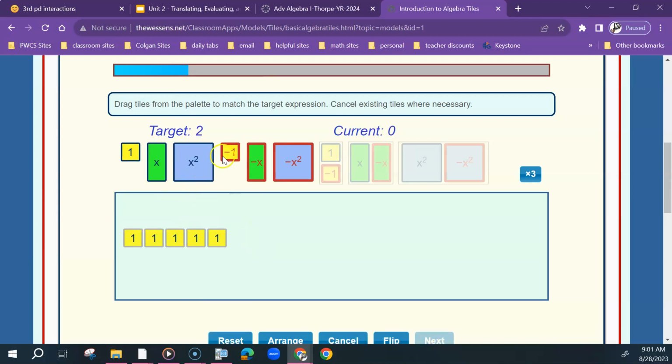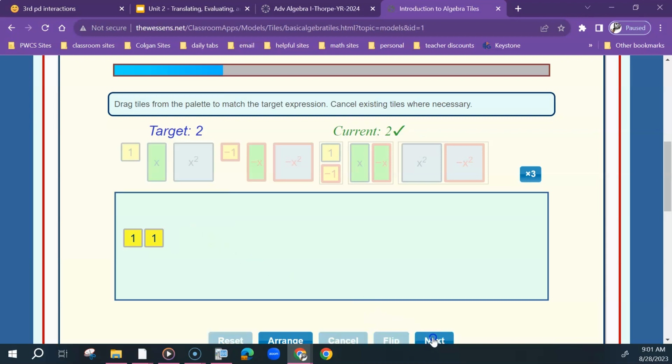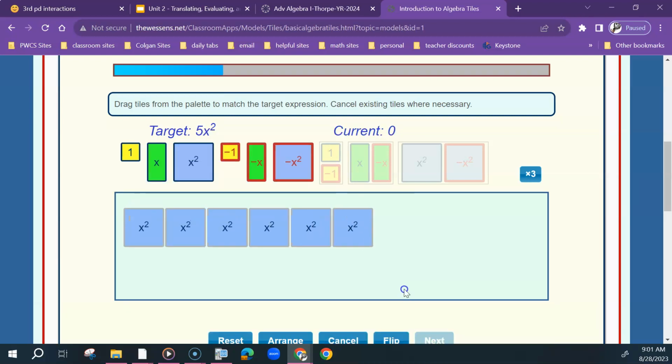I really want an x squared, so I'm going to skip through some of this. There we go. We have 6x squared, we need 5x squared. How many negatives would we put up there?